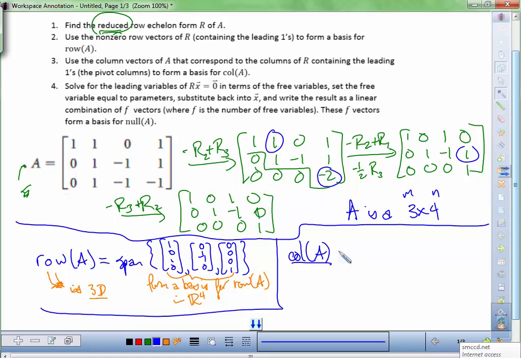Okay. Now if we take a look at the column space, use the column vectors of A that correspond to the columns of R containing the leading ones, the pivot columns, to form the basis for the column space of A. Well, first of all, where should we expect the column space of A to be? The column space of A would be in R3.